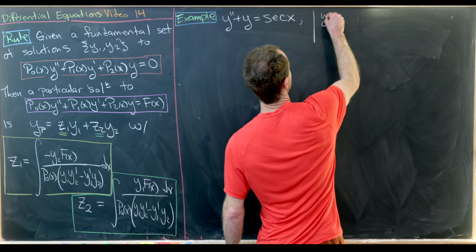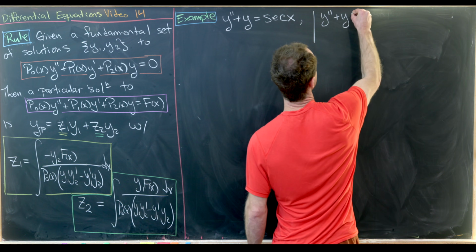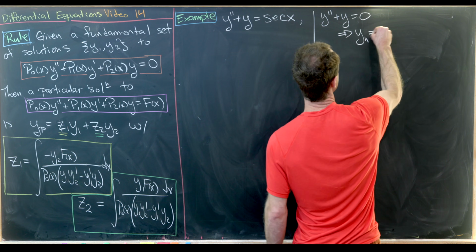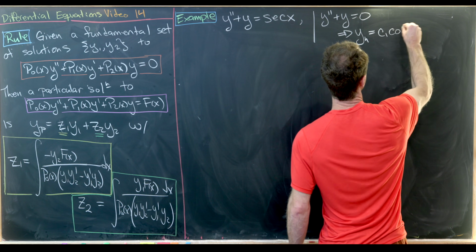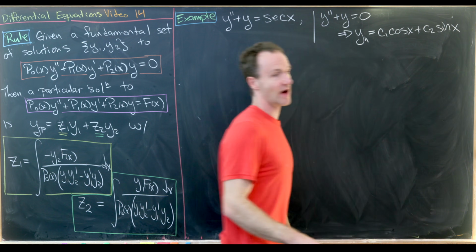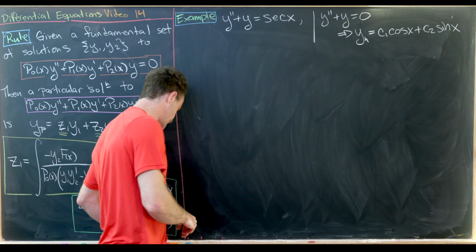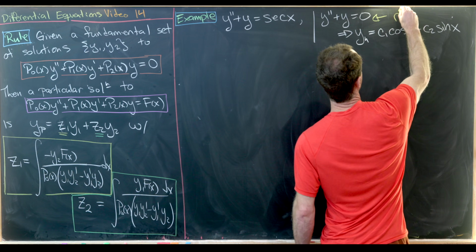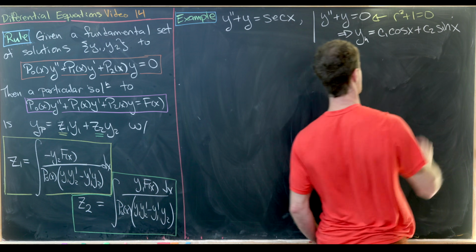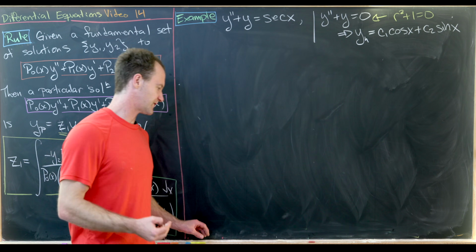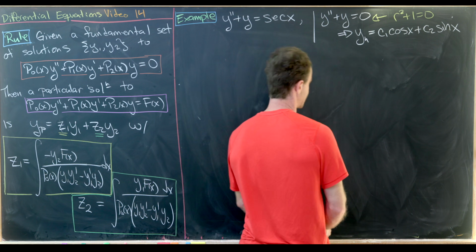So let's recall that if we have y double prime plus y equals 0, then that means that yh equals c1 cosine of x plus c2 times sine of x. That's because the associated polynomial equation here is r squared plus 1 equals 0, which has roots plus and minus i, and this follows from some work that we did previously.